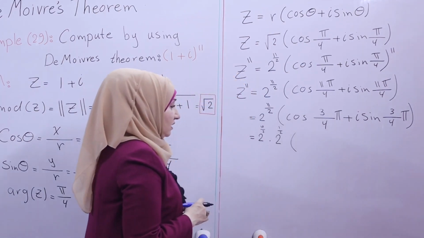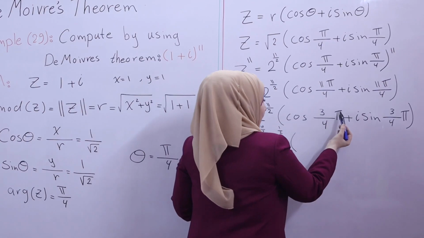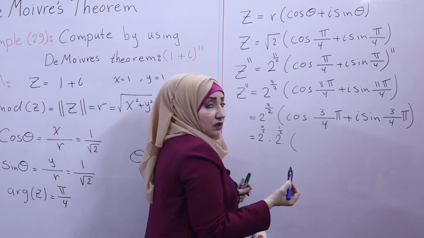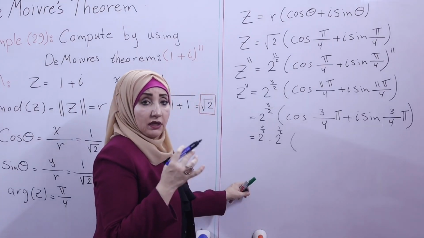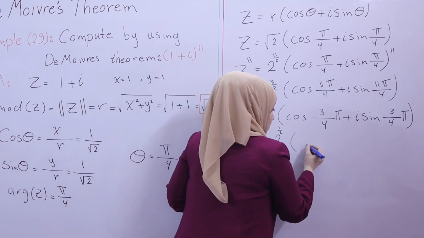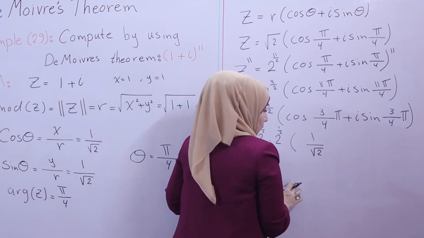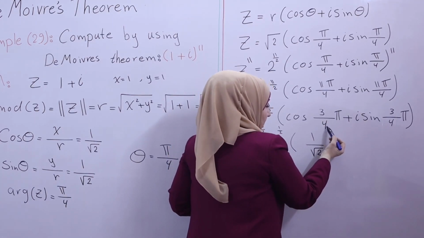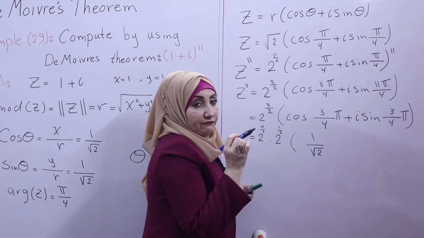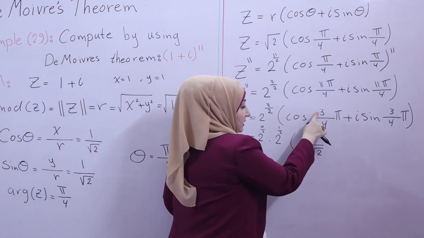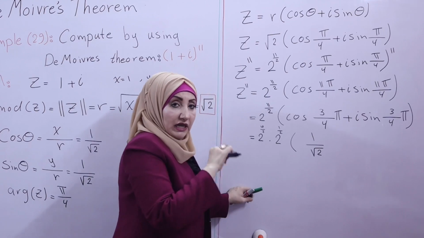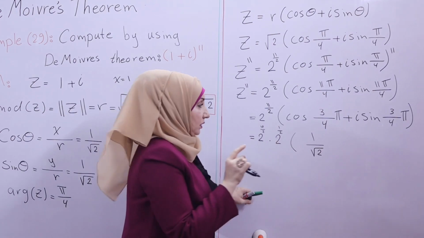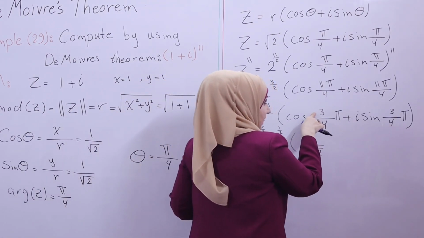Now cosine 3 pi on 4. Pi on 4 equals 45. Its cosine is 1 on square root of 2. But we will see its sign. Pi on 4 equals 45. 45 multiply 3, 45 في 3, it will be 135.